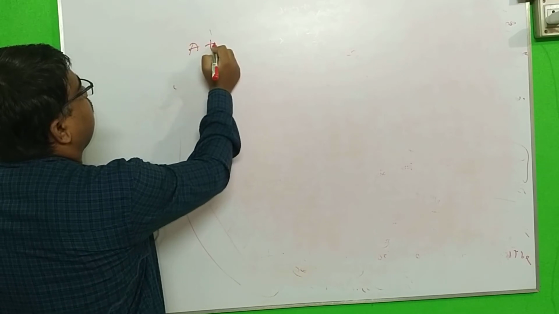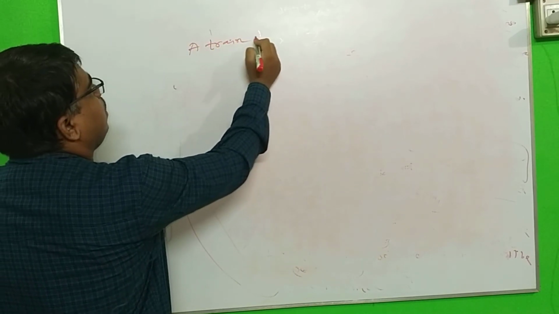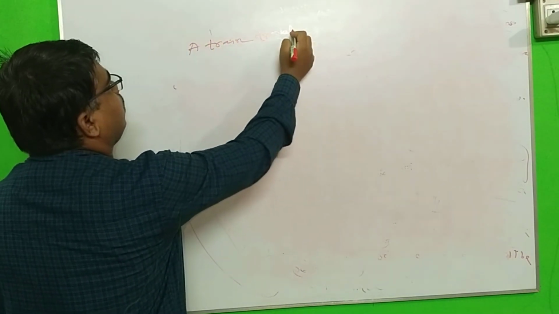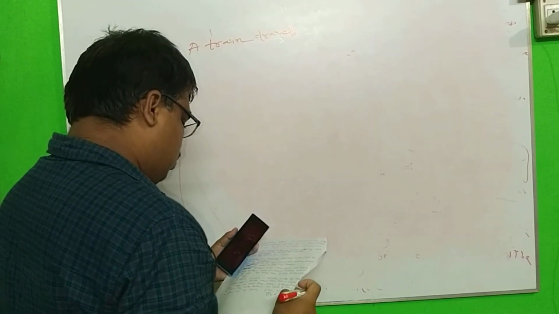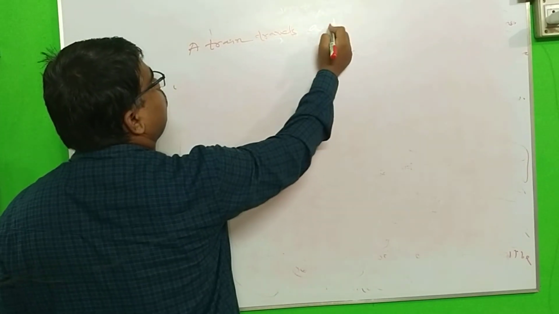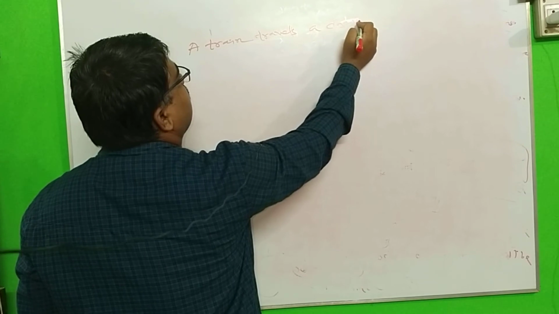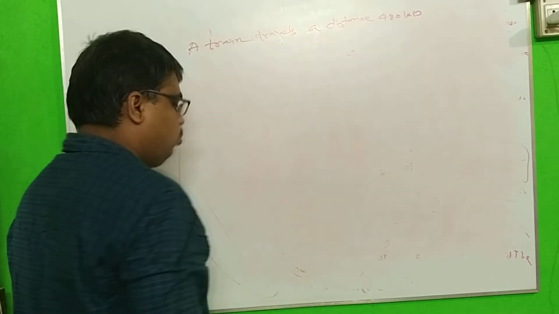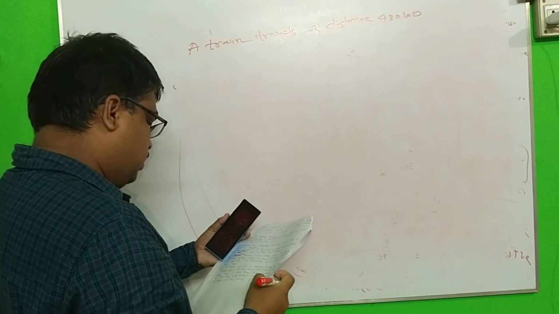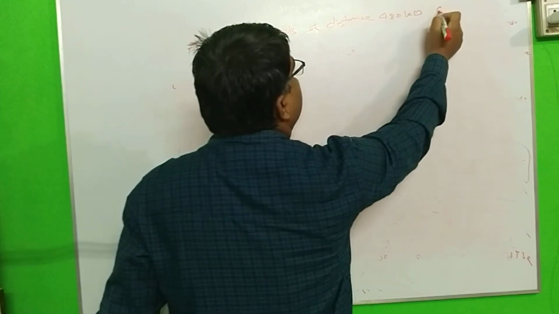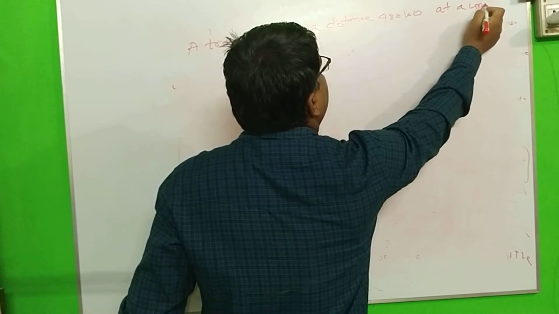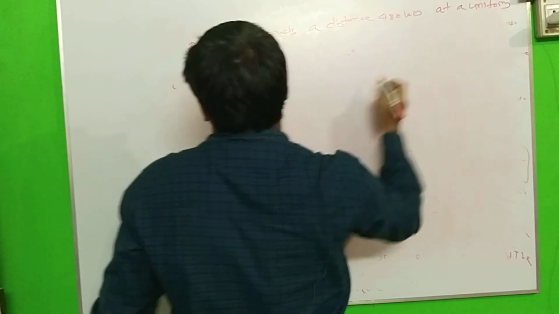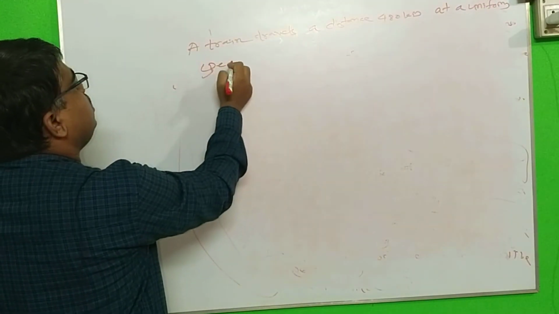A train travels a distance of 480 km at a uniform speed.